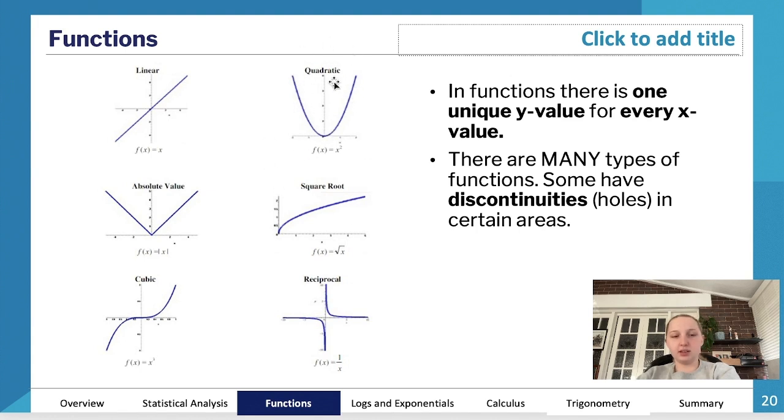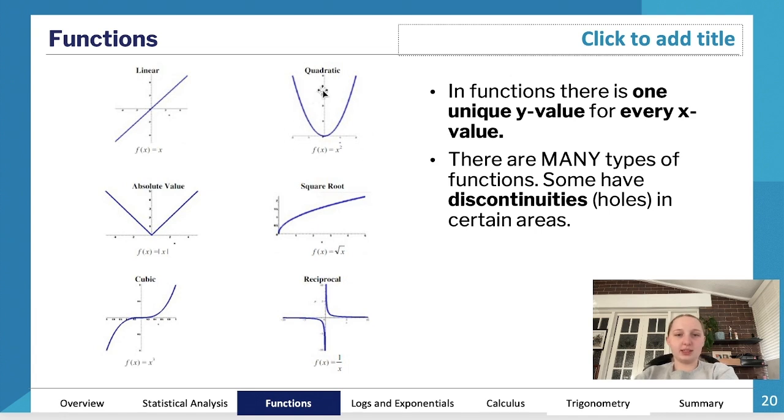Now, some people start to get a little bit confused when you're looking at quadratics. It is okay if one y value fits more than one x value, as long as each x value only has one y. Okay, so if you look at this here, 1 and -1 both hit the same y value, but 1 only has one y value and -1 only has one y value.